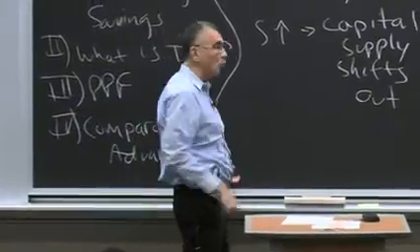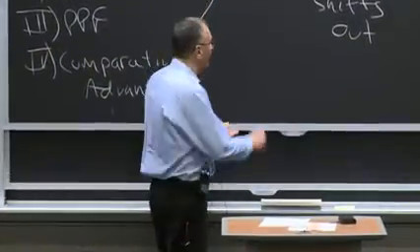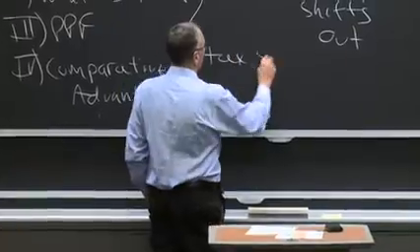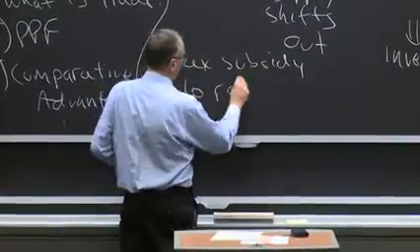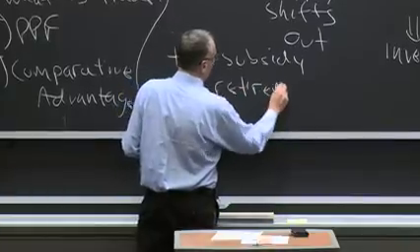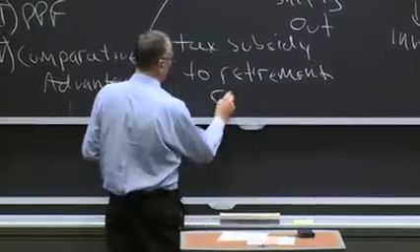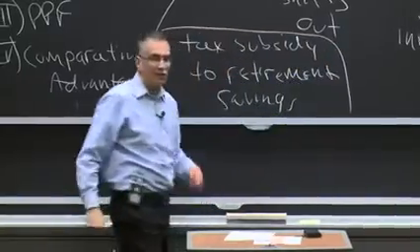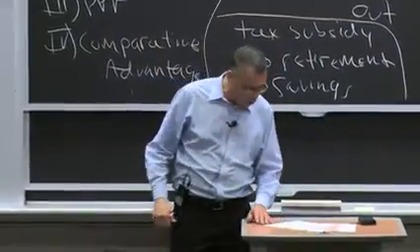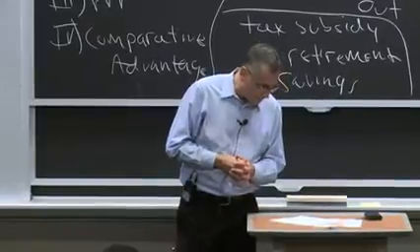And the major tool we use in public policy to encourage savings is the tax subsidy to retirement savings. The tax subsidy to retirement savings is the major tool that we use to increase savings in the US.